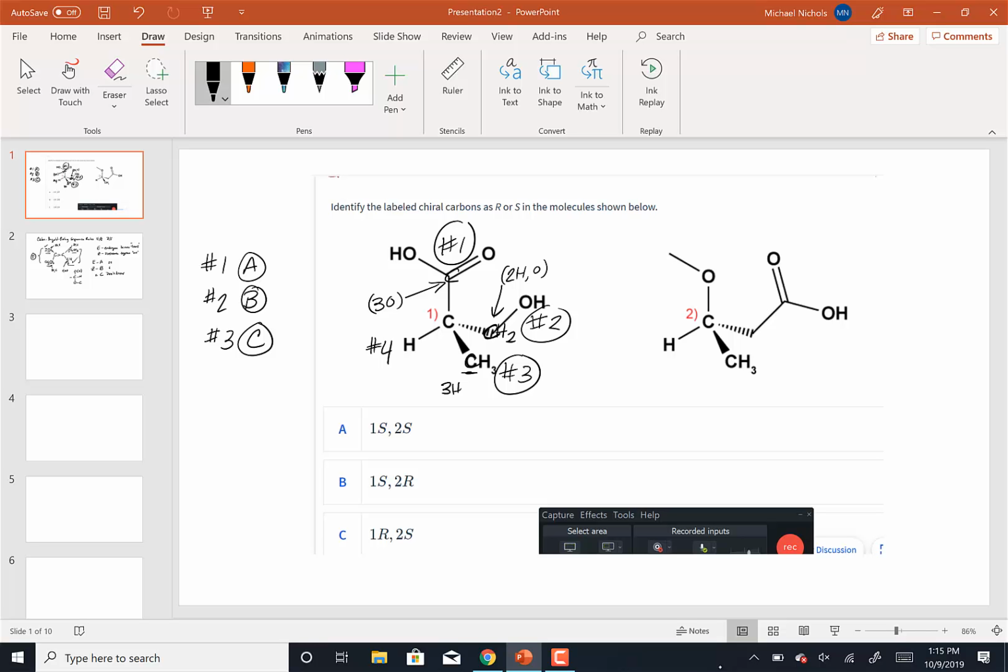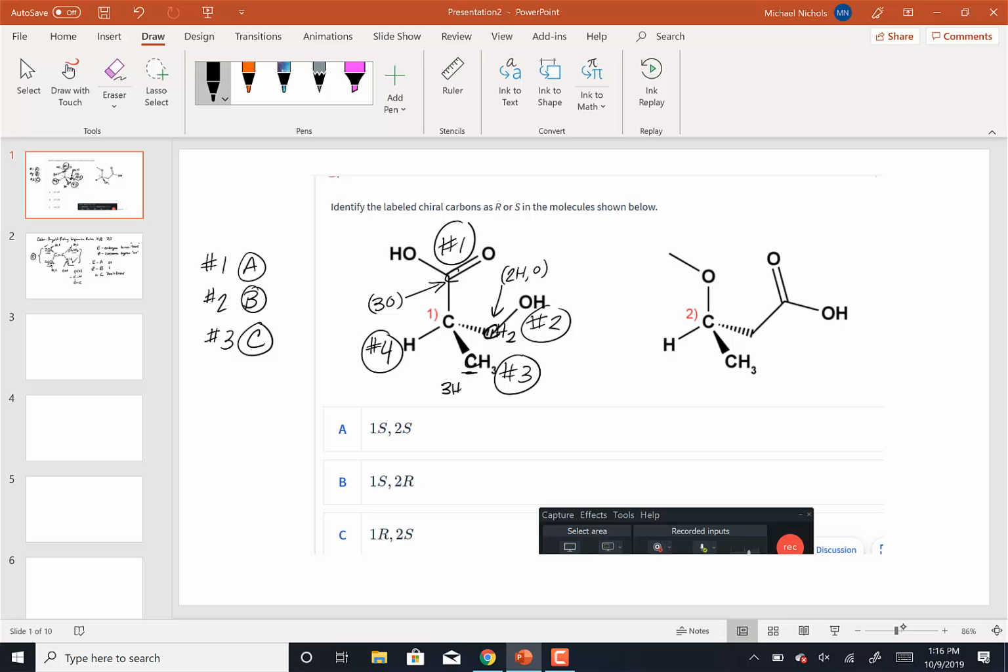So definitely CH3 is number 3. If I'm looking at 2 H's and an O versus 3 O's, 1 O cancels in both cases, which means it's O versus an H. O wins. So it is number 1, number 2, number 3, and number 4. Okay? So that's step number 1 of R and S.